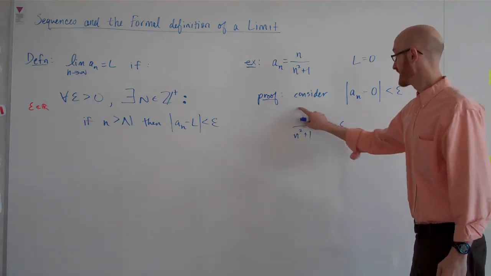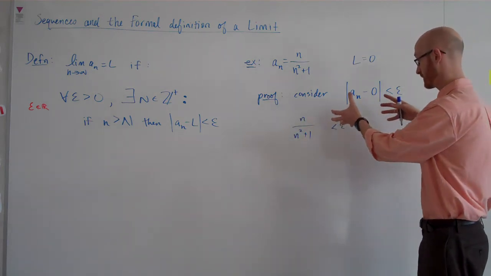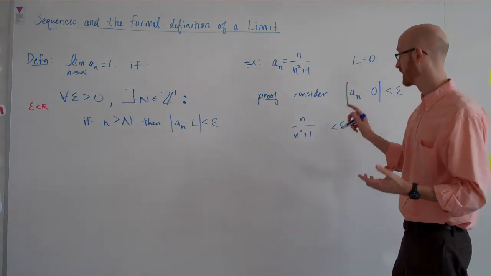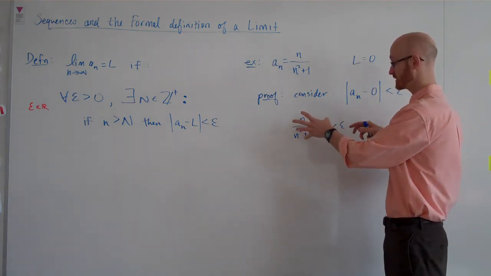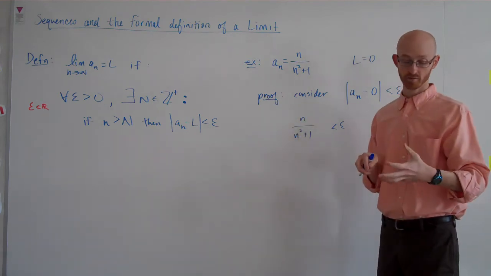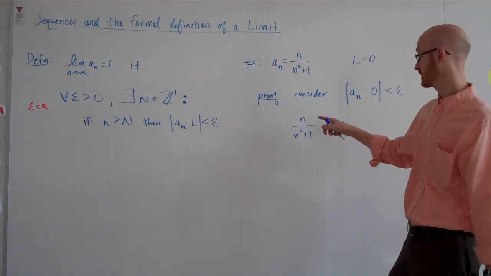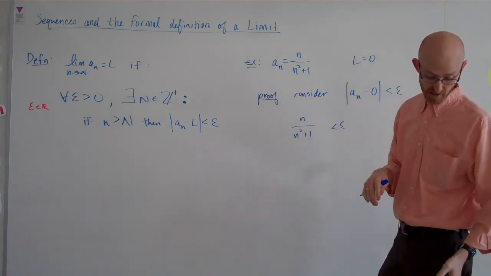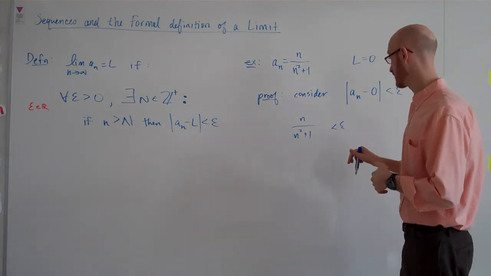But the problem is getting n in terms of epsilon, like n greater than some function of epsilon, is a little strange here. So you need to take this thing and somehow simplify it a bit. And what we're going to do is actually compare it to something else. And that something else is going to be n over n squared.